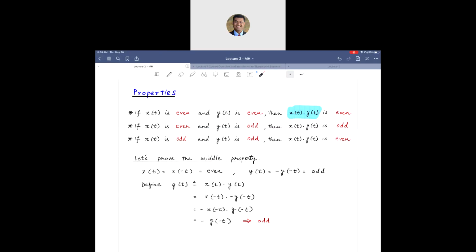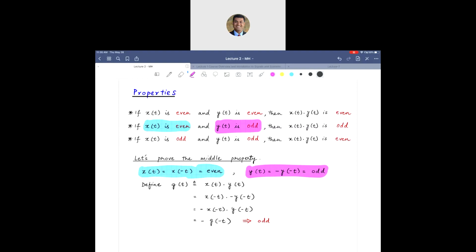Let's go ahead and prove this middle identity. X of t is even, so let's use this. Let's use x of t is even here, which means I can write that. And y of t is odd, which means I can write that statement. Y of t is equal to negative y of negative t.